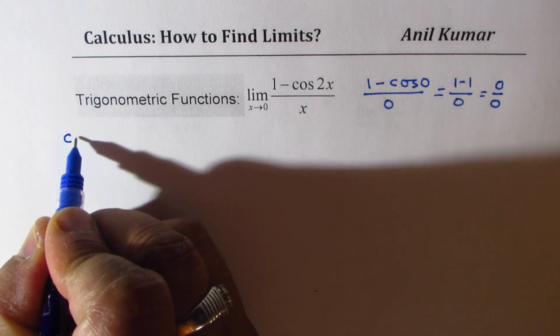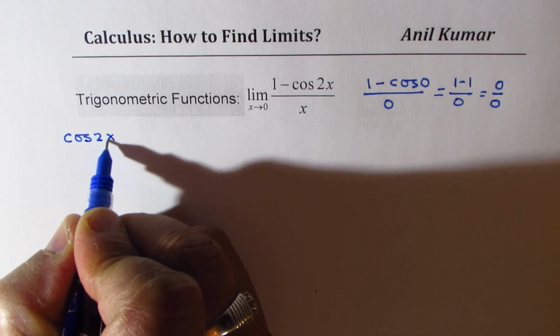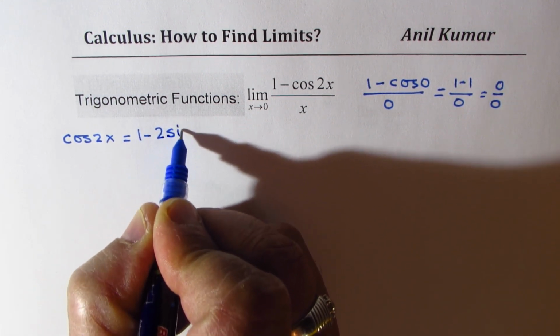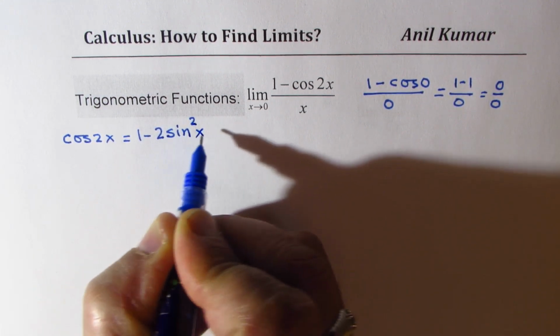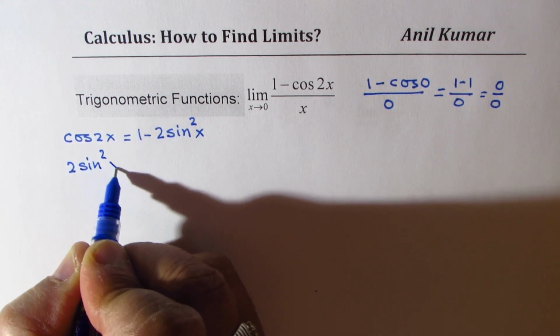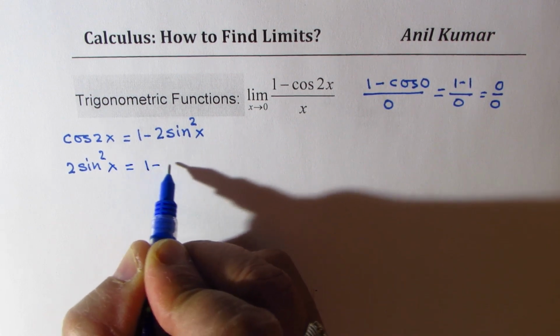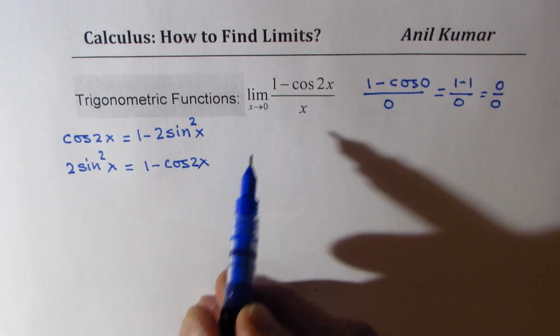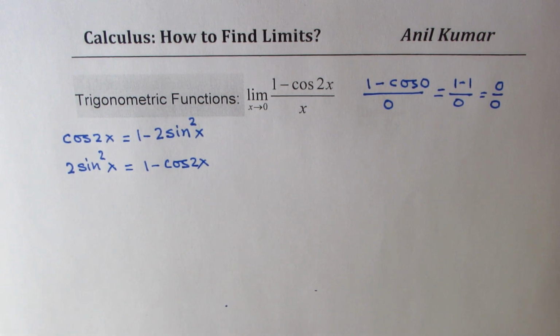You also know that cos 2x is equal to 1 minus 2 sine square x. If you rearrange this formula, you get 2 sine square x equals 1 minus cos 2x. So the numerator can really be written as 2 sine square x.